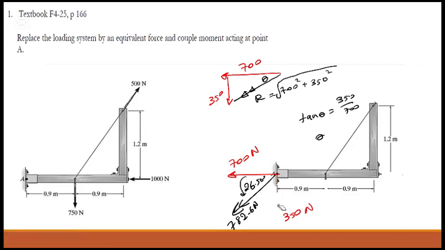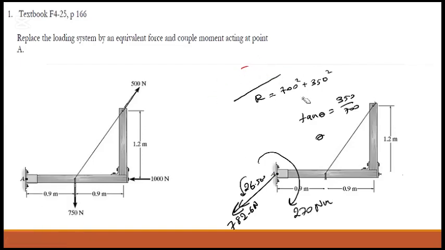Is that what you get? Yep. Okay, so we have one force and the moment. What did you say the moment resultant was? 270 clockwise. So we have simplified the system to a single force and a moment acting at a certain point A. Are we good? Yes, that's good.